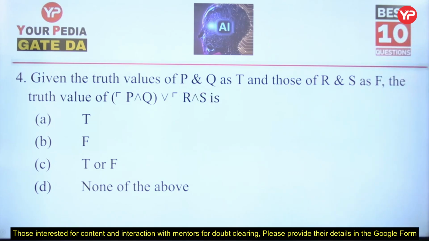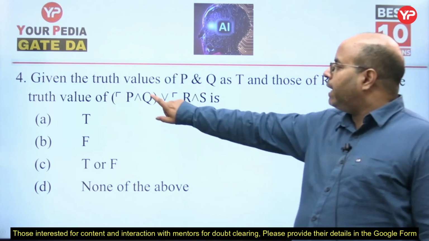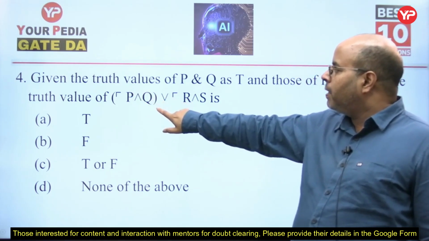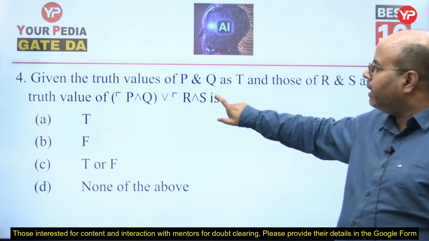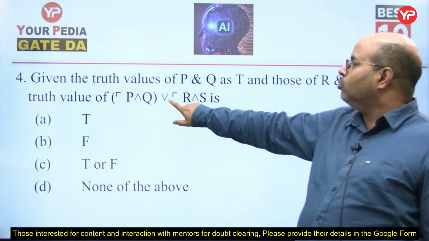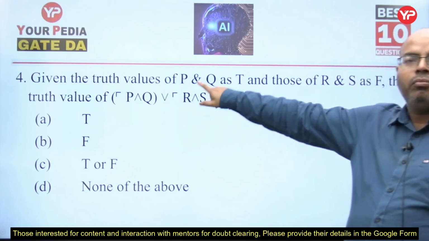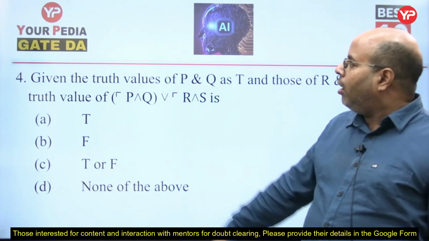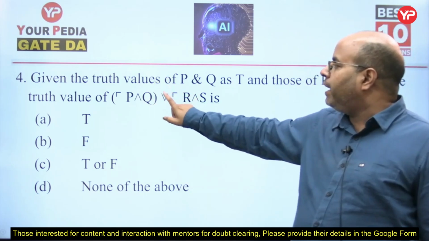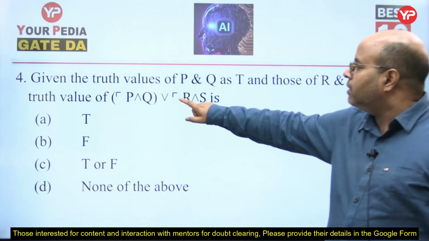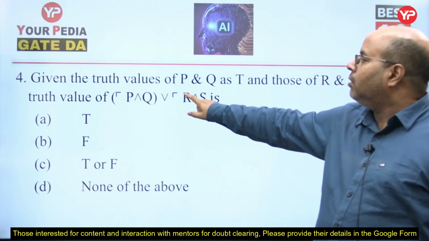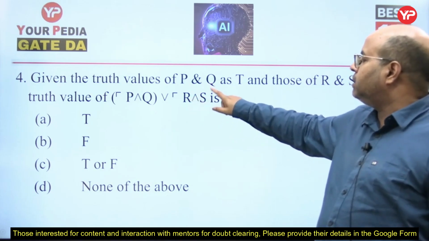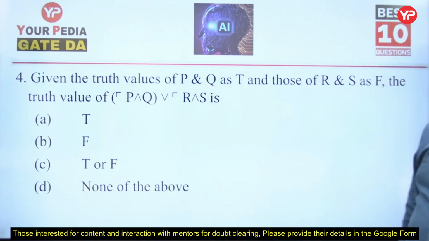So we have to decide whether we have to calculate negation of P and Q first and then negation of R and S first and then use this R symbol, or we have to take negation of P and Q first, then it's R with negation of R, and then we will take the resulting thing and solve like this.